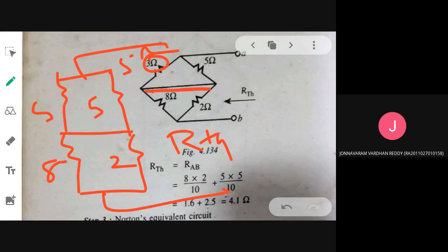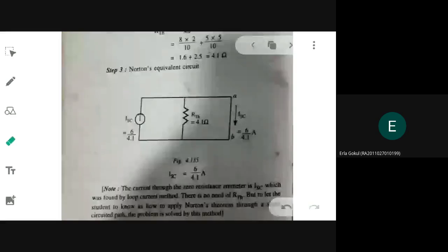So tell me what will be the answer. 4.1, all got 4.1. Alright. Then the final Thevenin's equivalent and Norton's equivalent they have drawn. What was the value of ISC?